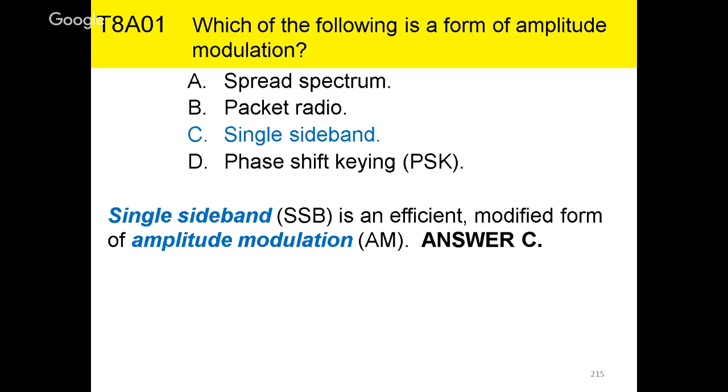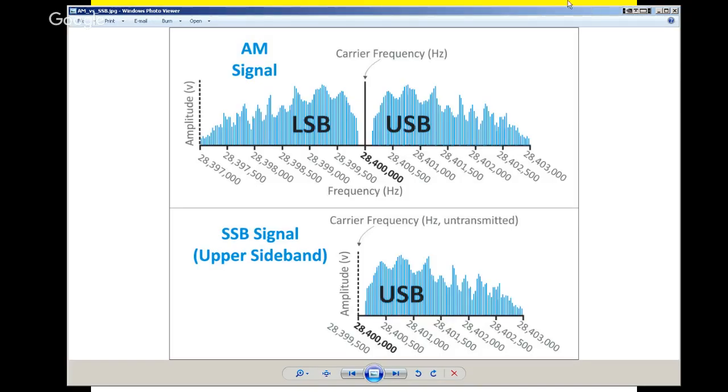I think I have that information up here somewhere that shows the components. Here it is. This is your typical AM signal, and it shows basically the bandwidth. In this case, your carrier frequency is 28.4 megahertz, and the bandwidth operates from 28,397 to 28,403.